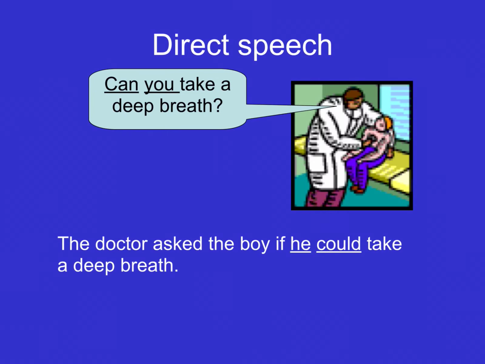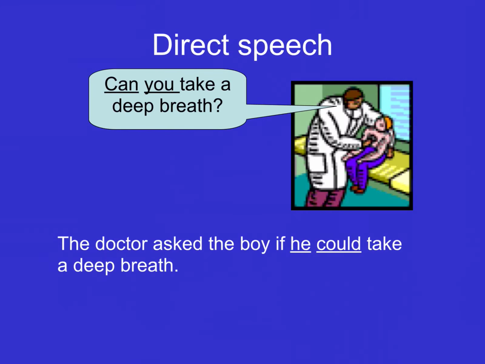Look, we have underlined he for the word you and the word could for the word can. So that's how it changed there: the change of pronouns and the change in the verb tenses. The verb can changed into could.